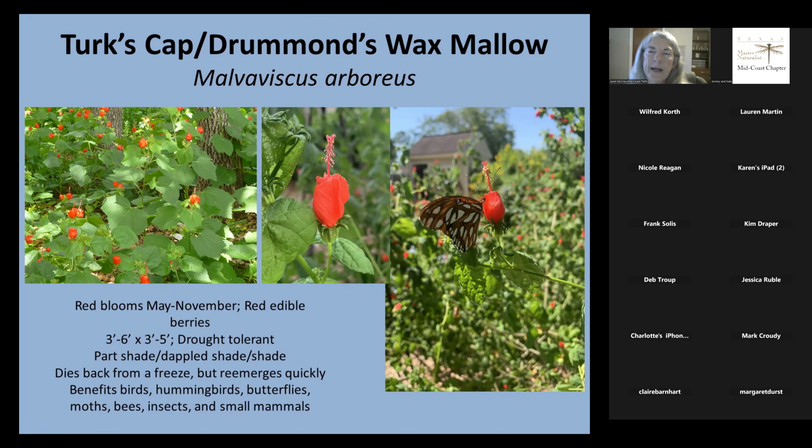So it's a little bit of maintenance, but that's just once a year, so it's not too bad. And it's very beneficial, like the hummingbirds. They like to put that beak down into that turban, and butterflies, moths, bees, insects. And it gets these fruits on it that are edible by people as well, but small mammals love those fruits.